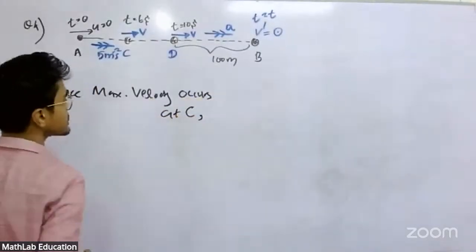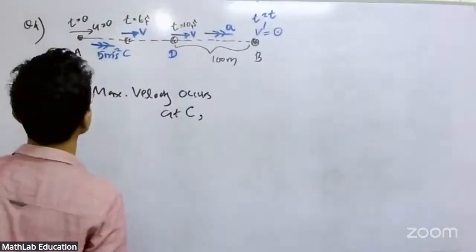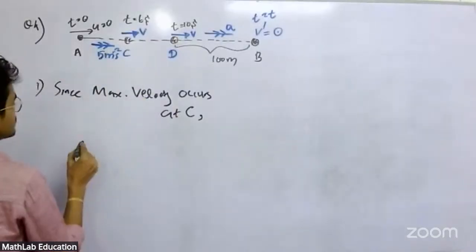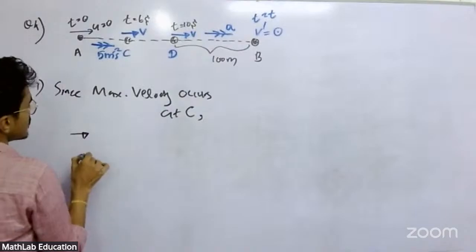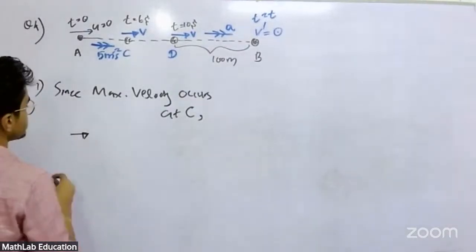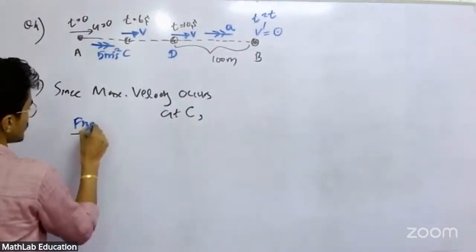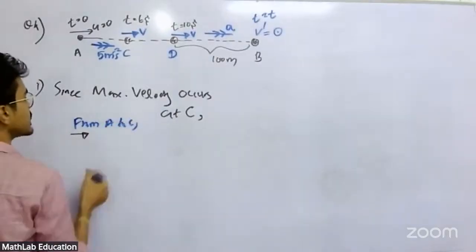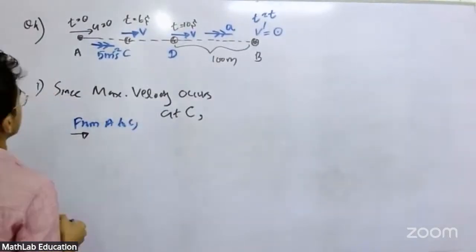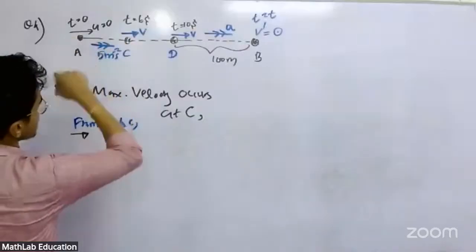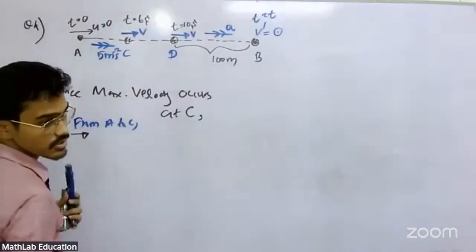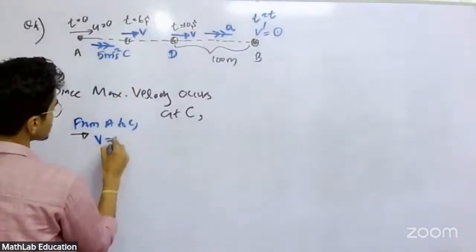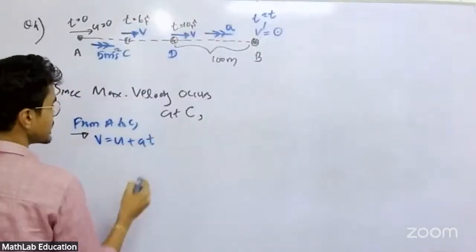Since maximum velocity occurs at C, from A to C we can use an equation now. From A to C, time is known, acceleration is known, initial velocity is known. So we can use V equals U plus AT.